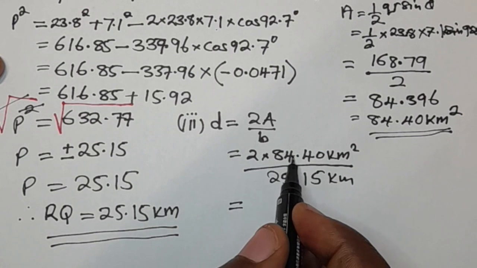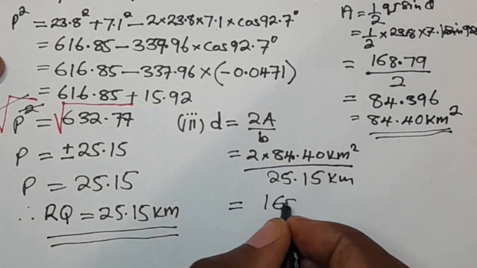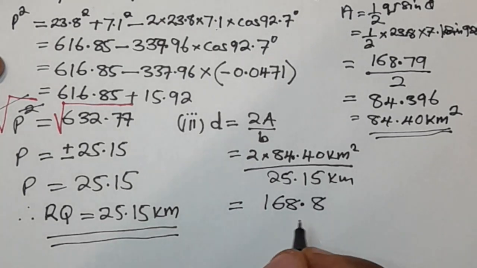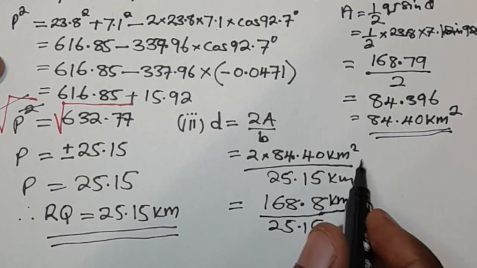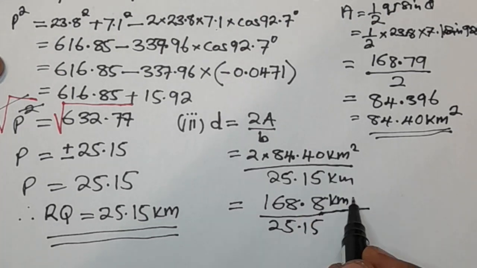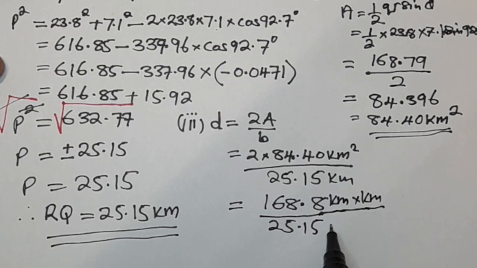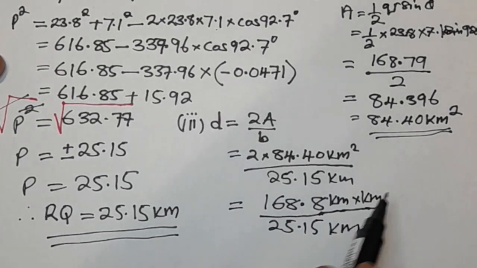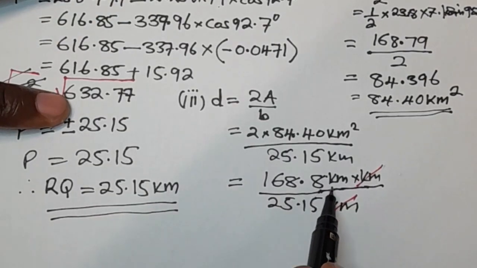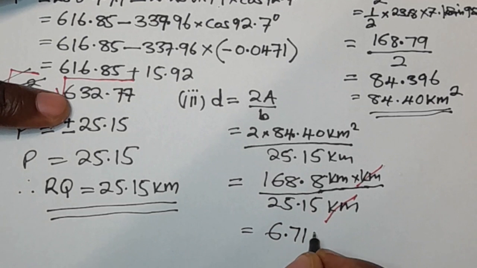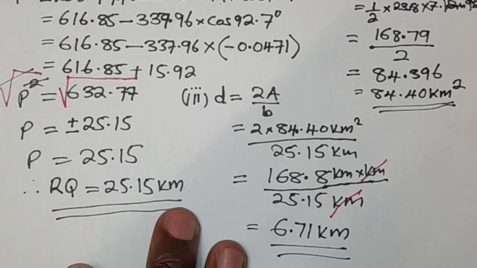When you multiply this by that, you have 168.8 divided by 25.15. Remember there's kilometers. Kilometer squared is the same as kilometer times kilometer, and here you have kilometer, so one of the kilometers will cancel. So 168.8 divided by 25.15 gives 6.71 kilometers. So this is the shortest distance.